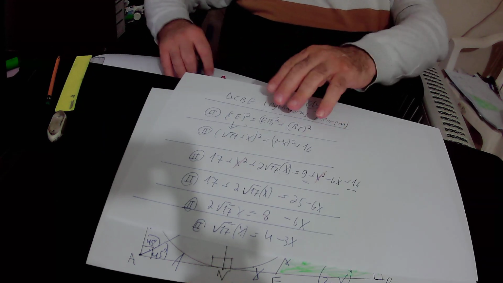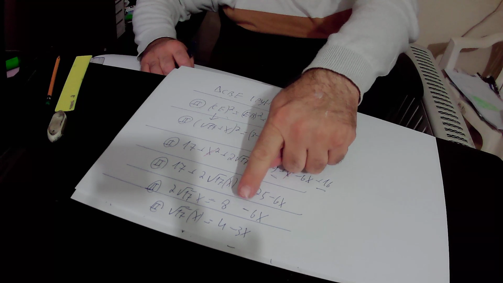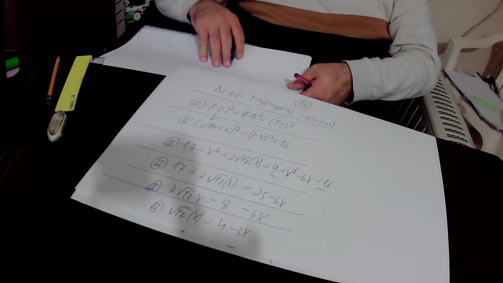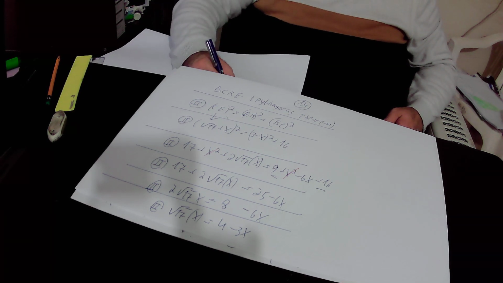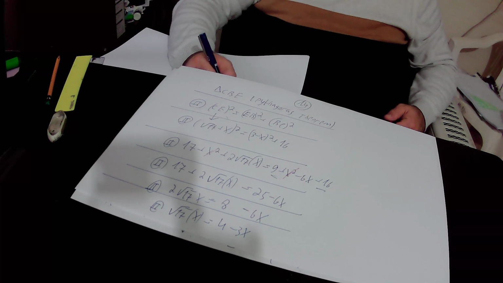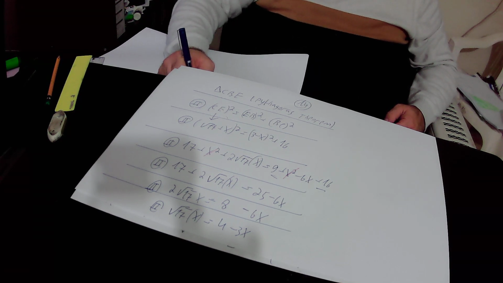Here we will add 3x to this equation, and we will get that square root of 17 x plus 3x equals to 4.